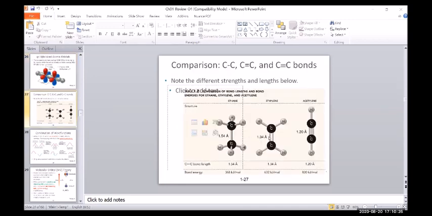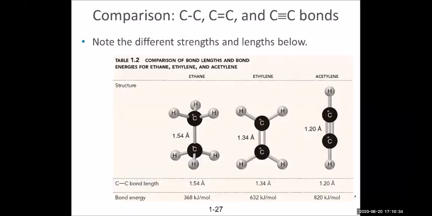So if you compare all three hybridizations, you can see first of all, the bond angle is very different. This is the sp3 hybridization, tetrahedral, 109.5 degrees.